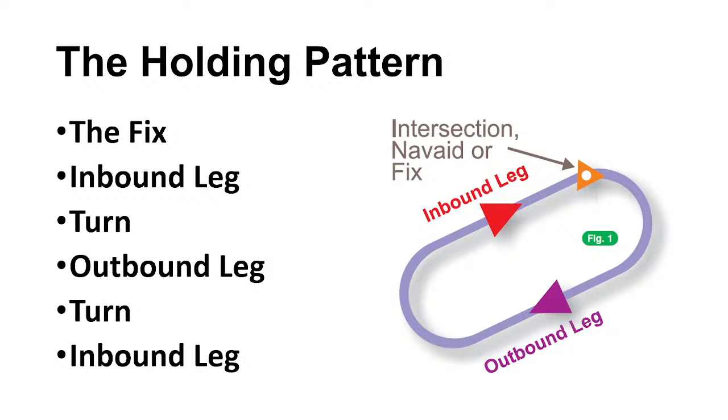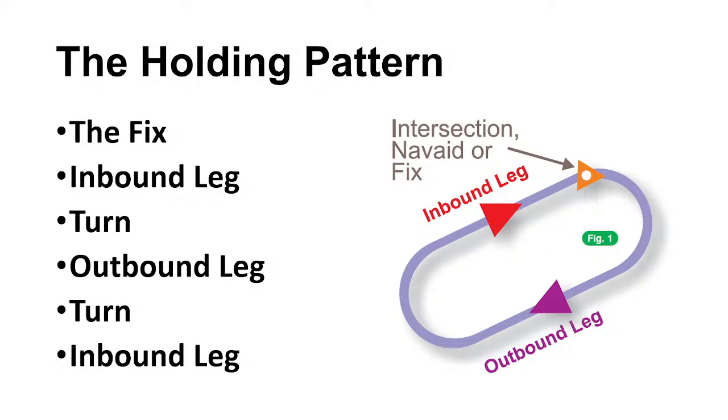Sometimes terrain doesn't let them turn you to the right, so they'll make you do a turn to the left. If they do that, when they give you the holding clearance, they will specifically say left turns. But if they don't say left turns, what direction do we turn? Right. There we go. Okay. So it's like the opposite of just a normal traffic pattern. It is.